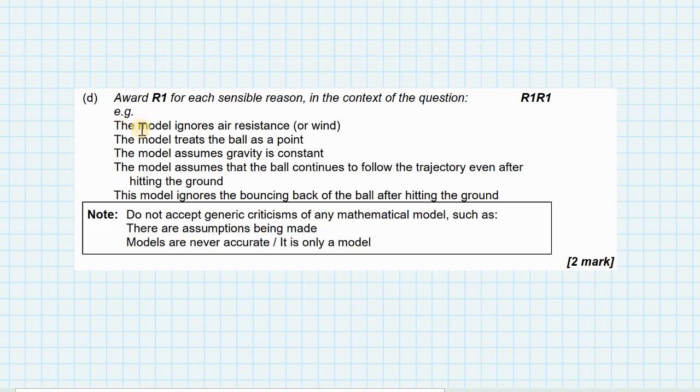You can say the model ignores air resistance, it treats the ball as a point, it assumes gravity is constant, it follows the trajectory even after hitting the ground, and there's no bouncing back. The ones you cannot use are saying the model is never accurate, or it's just a model. This is the answer that you are expected to give.